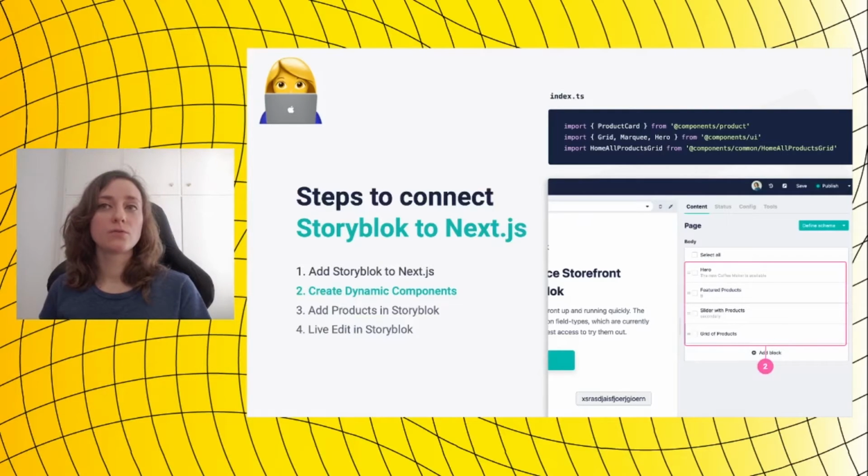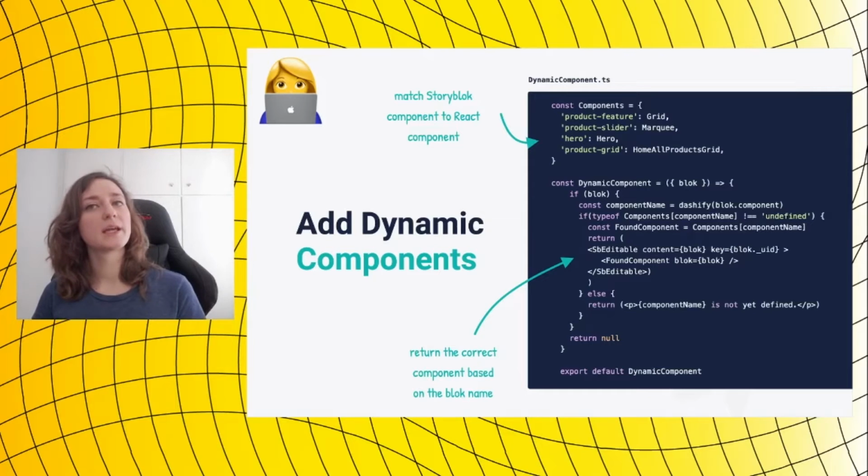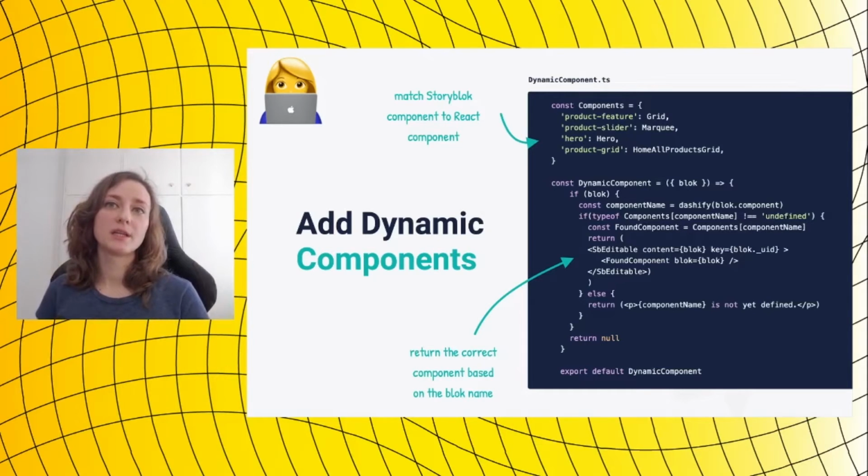So we need to write a component that can handle this kind of matching of components. So we create a file that's called dynamic component. It will resolve the name that we have inside of Storyblok. Every component in Storyblok has a technical name, and it will resolve that name to a specific component in Next.js, which you can see in the top.